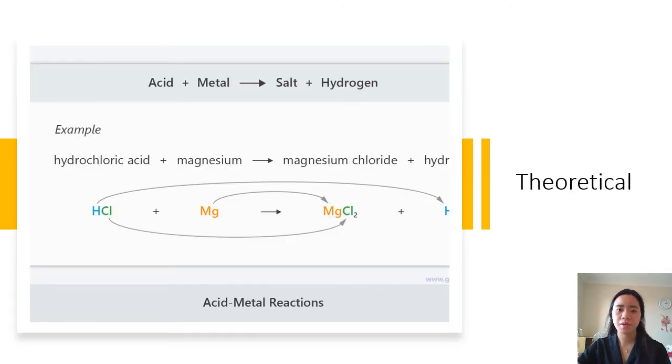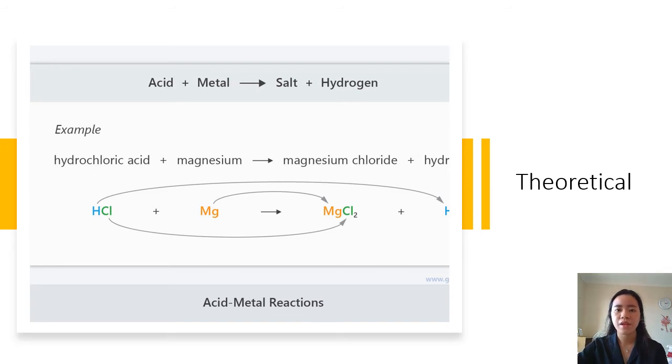The second point is the characteristic reaction of dilute acids and metals. Acids react with metal and the product is salt and hydrogen. This is a single displacement reaction where the anion from the acid recombines with the cation of the metal to form the salt.